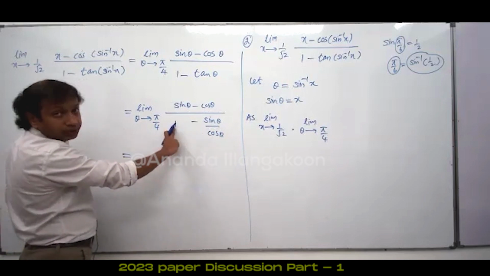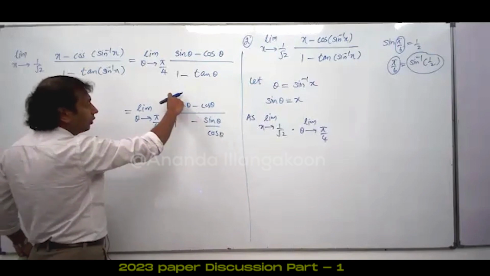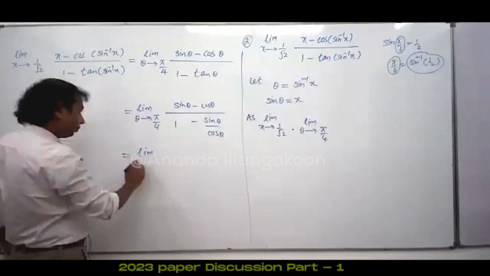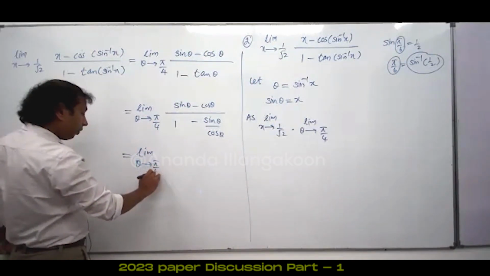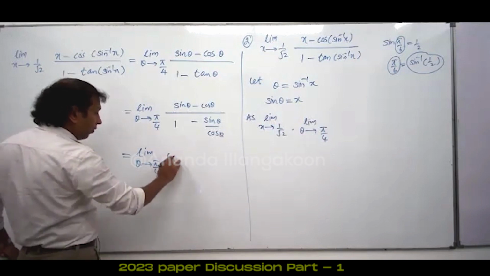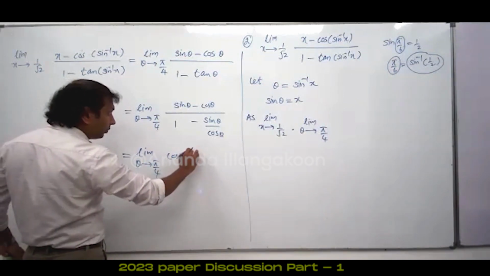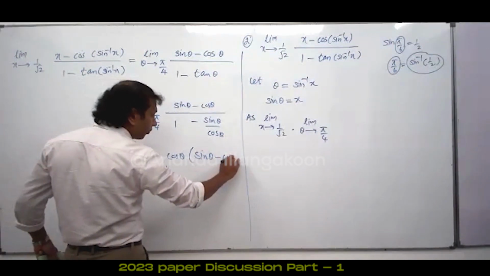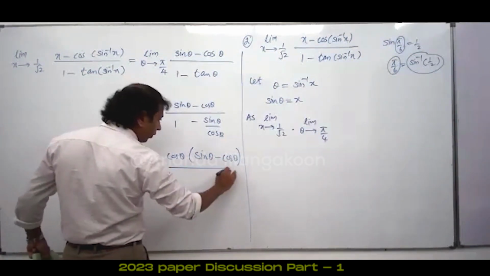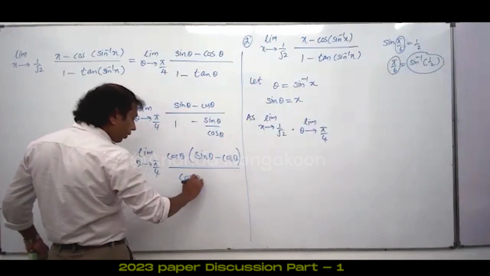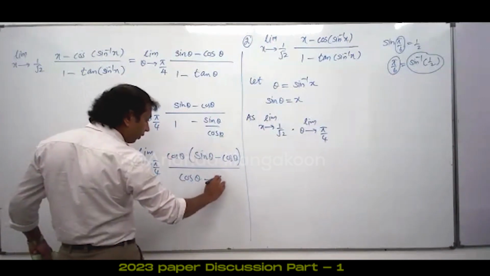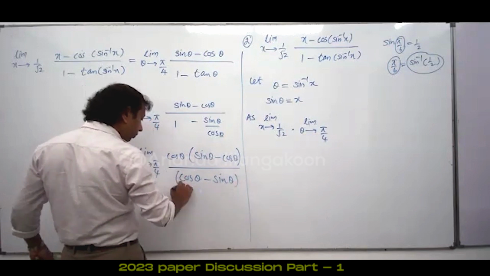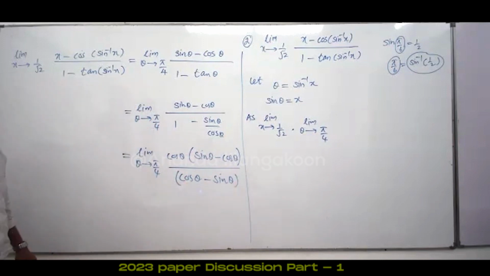Then this 1 will be cos theta and this sine theta goes to the numerator, no? Like that. Okay. Then we will have cos theta times sine theta minus cos theta, divided by this is now cos theta, no? Cos theta minus sine theta. Okay.